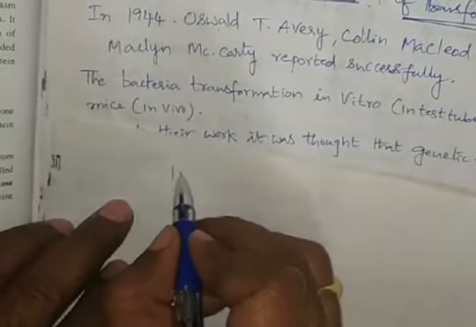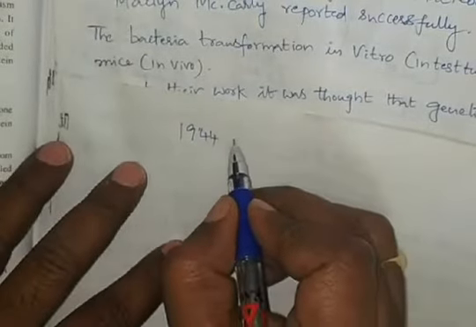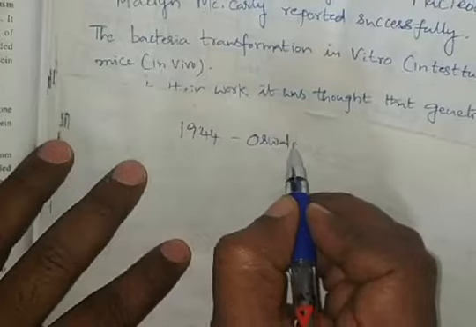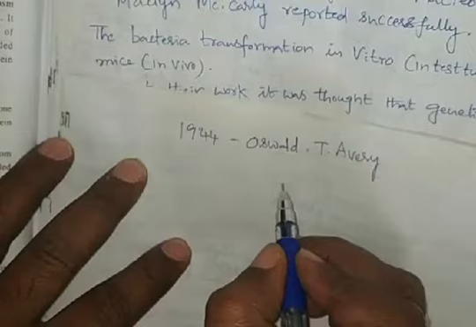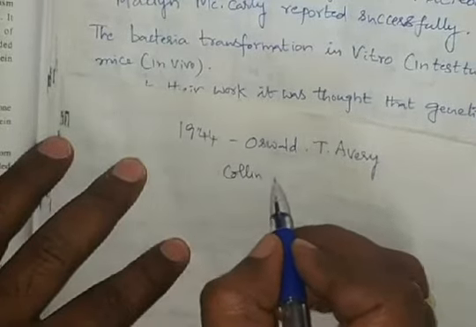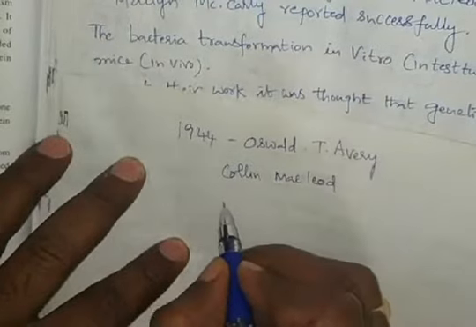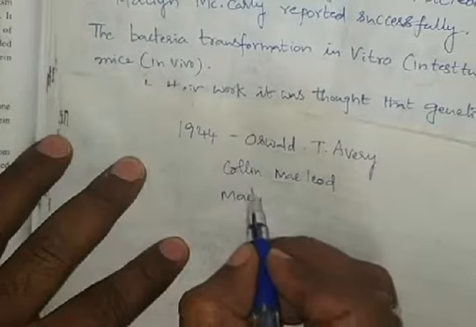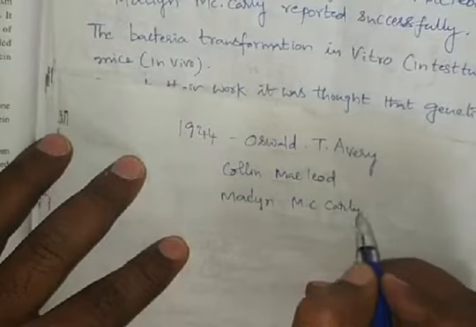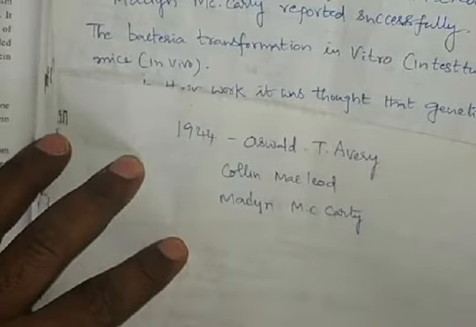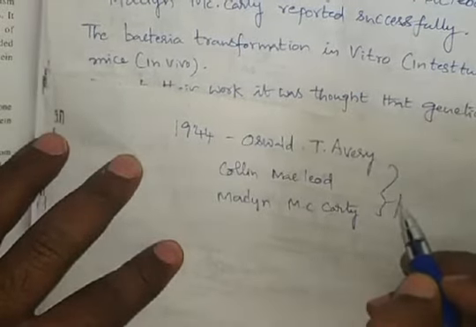In 1944, Oswald T. Avery, Colin MacLeod and McCarty explained the biochemical characterization of transforming principle, practically proved.